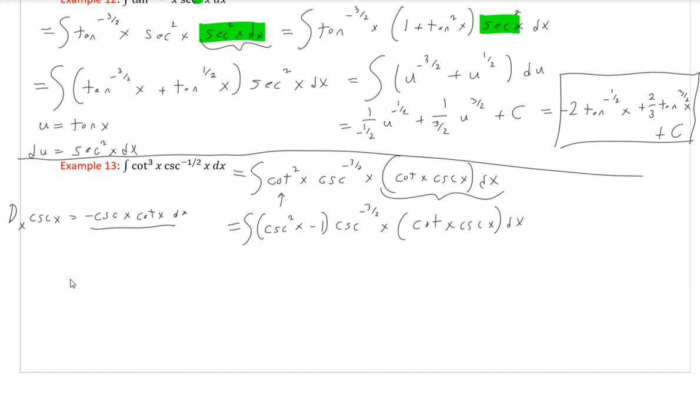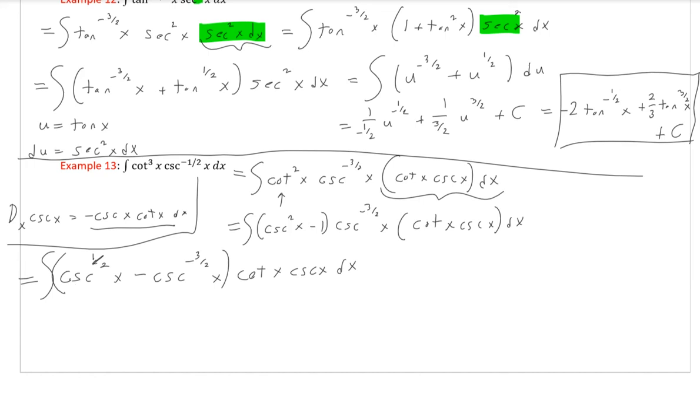Now then, if I multiply that out, I get the integral of cosecant squared times cosecant to -3/2 will give me cosecant to the positive 1/2 of x minus cosecant to -3/2 of x times cotangent cosecant of dx.